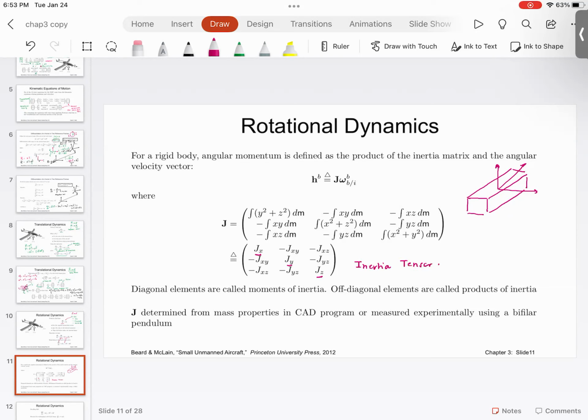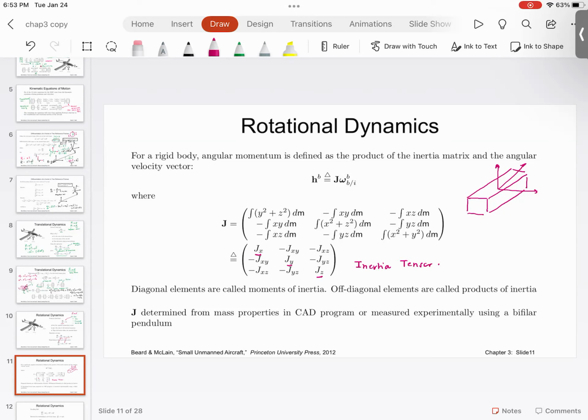Now, how do we find out this inertia tensor? For simple objects like a rectangular bar or maybe a cylinder, you can explicitly find out the values of the inertia tensor. But if you have a complicated aircraft geometry, then what you do is create a CAD model, and inside the CAD model, you can compute the properties numerically using numerical integration techniques.